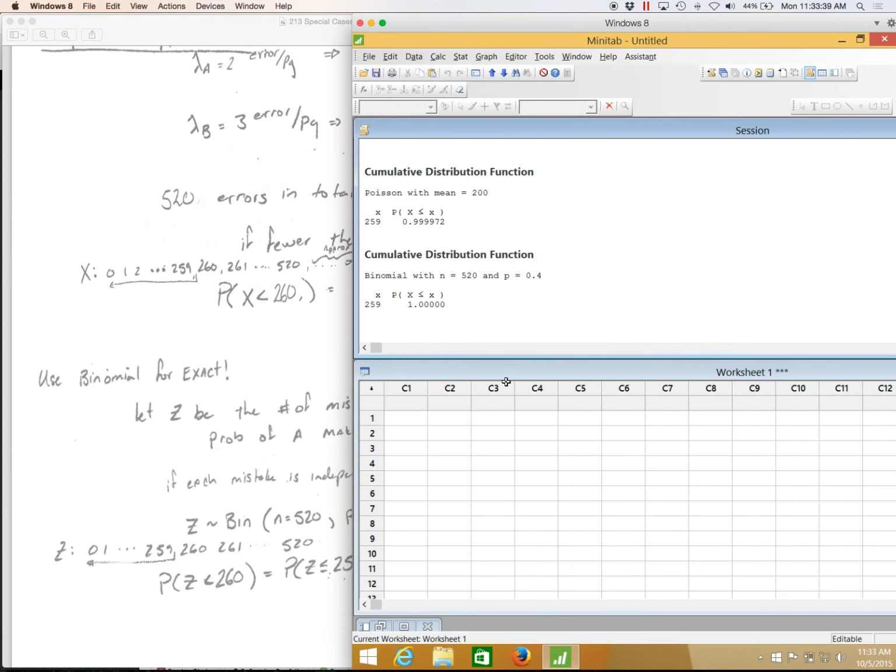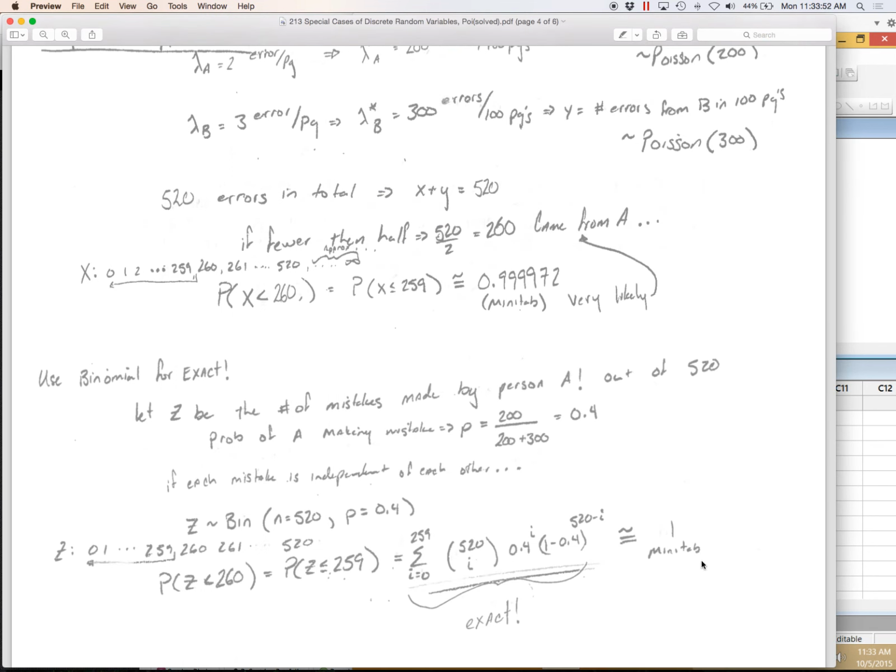Here we ask Minitab, which because of rounding has just rounded it to 1. It must have been very close to 0.999999999 whatever, and so it rounds up to 1. This is approximately 100% chance that person A makes less than or equal to 259 errors. So very, very, very likely that person A has made fewer than half the mistakes.